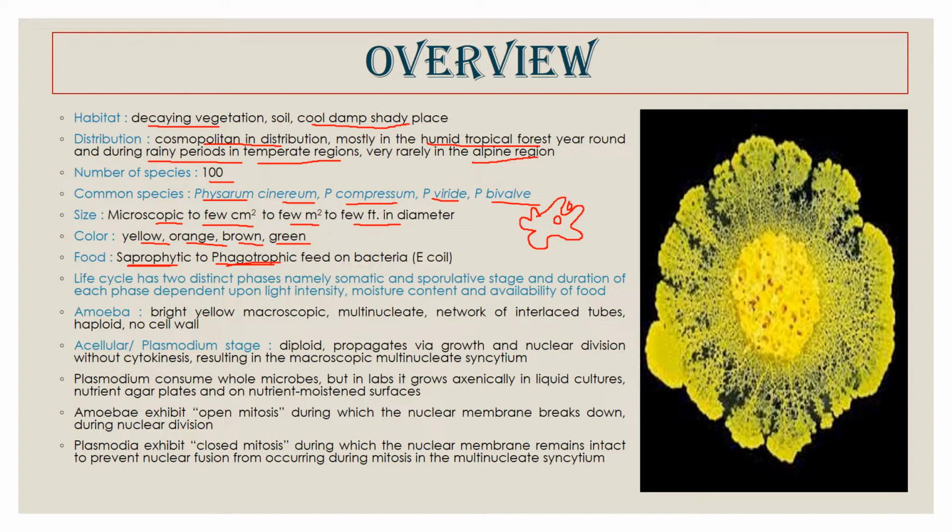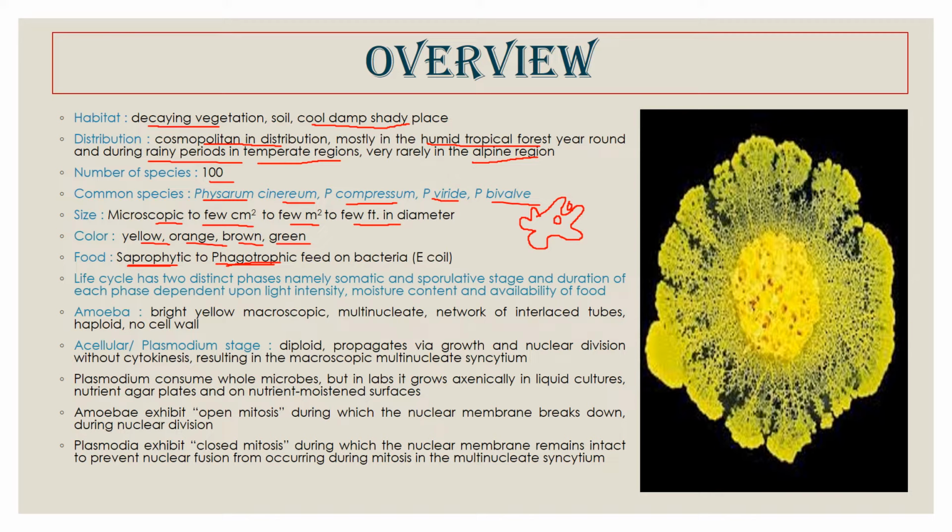The food matter is engulfed by the pseudopodia into the food vacuole, and it is digested in the food vacuole, just like the amoeba does. Amoeba is another protist, an animal-like protist. So these are the two types of feeding habits in the Physarum slime mold.